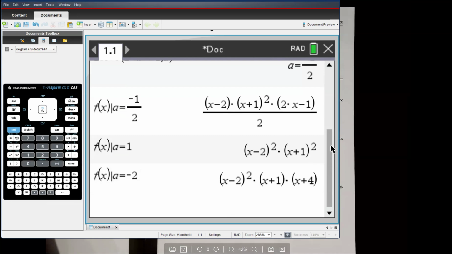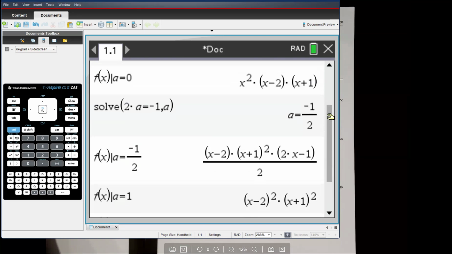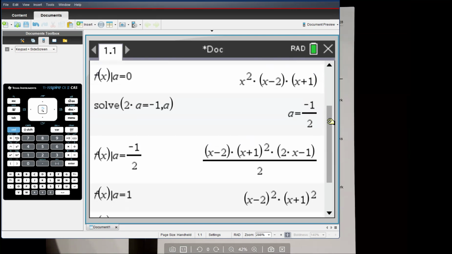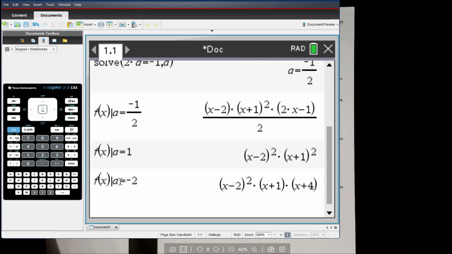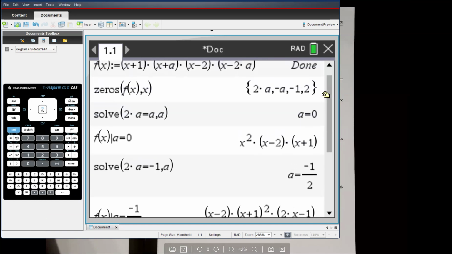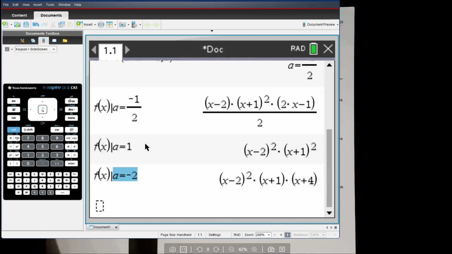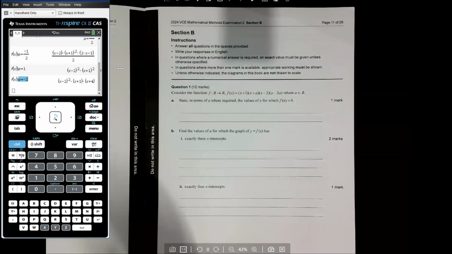Okay, so we actually went through all these possibilities, okay? Pretty much for 3 solutions, a equals minus 2, a equals minus half, and a equals 0. And just notice a equals 1 is going to be the value for exactly 2 solutions, okay? I'm going to put this aside and summarize it here.